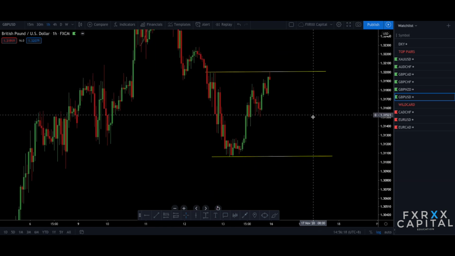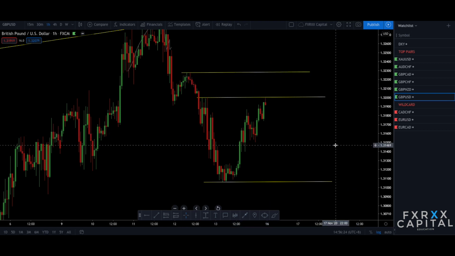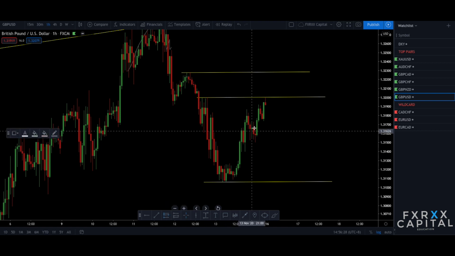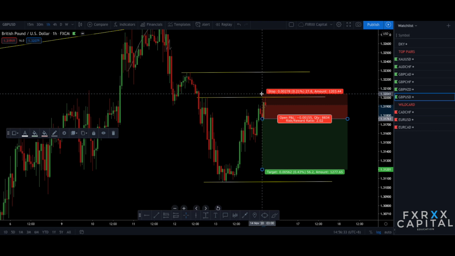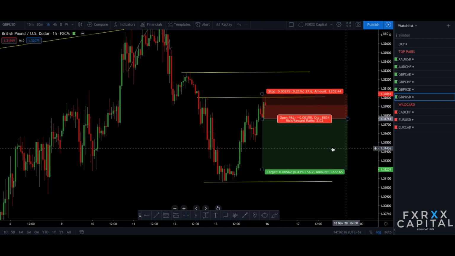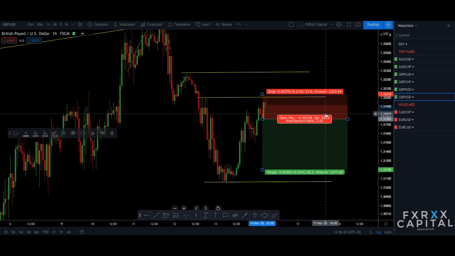This pair, what I'm looking for is price might sell straight away from this area or this area, but I'm really looking forward to setting my stop entry order when the market opens at this candlestick formation, at the exact body of the candlestick formation.